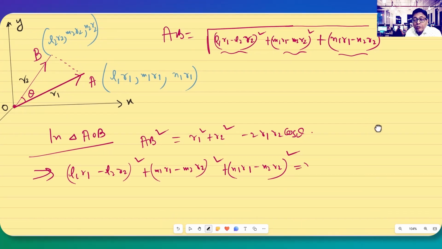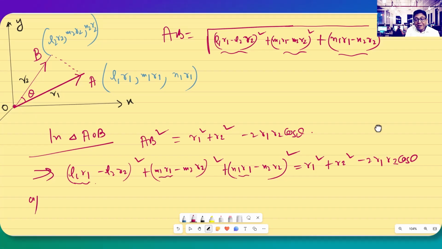This is equal to R1 square plus R2 square minus 2 R1 R2 cos theta. Now I will be expanding, definitely I will be expanding, but this step little bit insights I am applying. Here it will give us L1 square R1 square plus M1 square R1 square plus N1 square R1 square. So you take R1 square common.